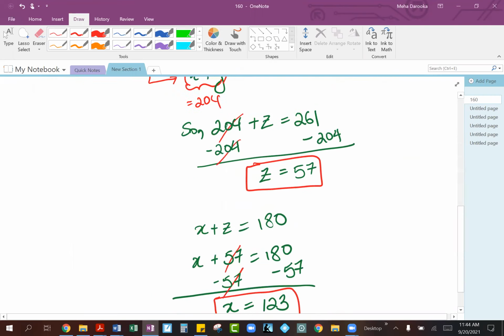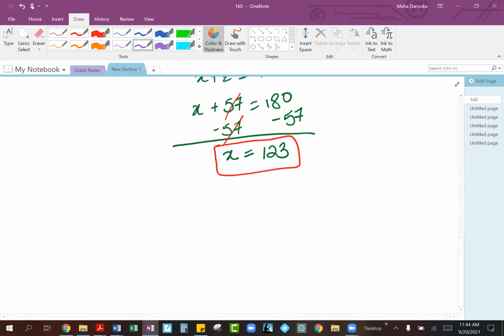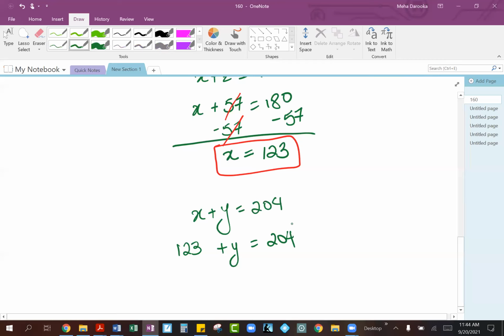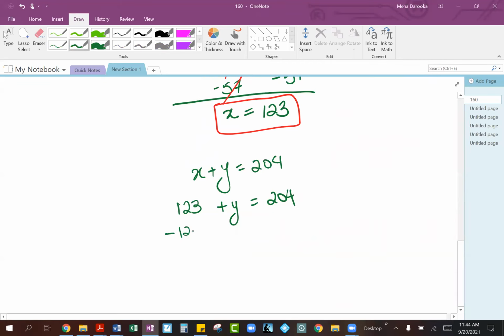So x plus y is 204. Okay, very good. So x we know is 123 now. So 123 plus y is equal to 204. Same thing, subtract that 123 on both sides. And what are you looking at for the value of y? 81. All righty, Roman, very nice. 81 for y value.